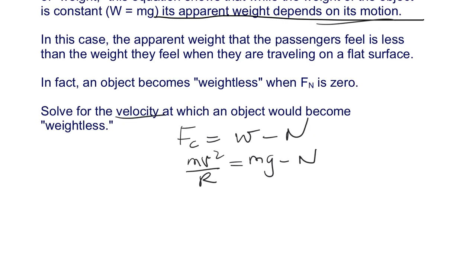So if I was going so fast that the normal force was 0, what's the minimum speed I could take before I go airborne off my seat? So that'd be n is 0. And this would be the maximum speed I could go if n equals 0.